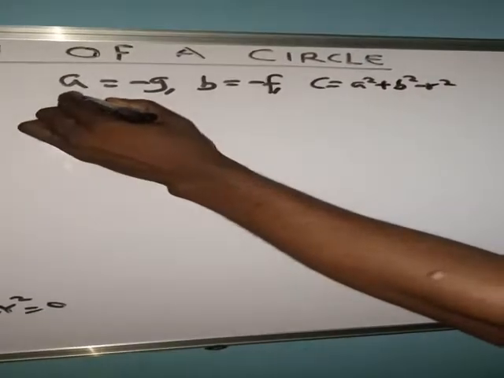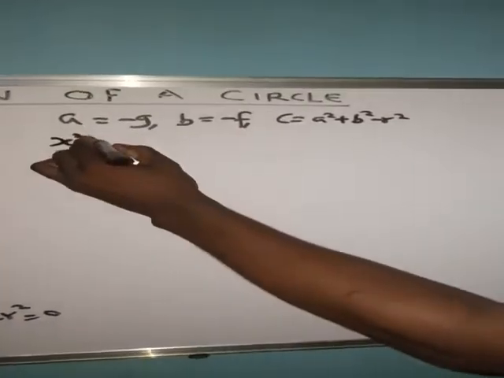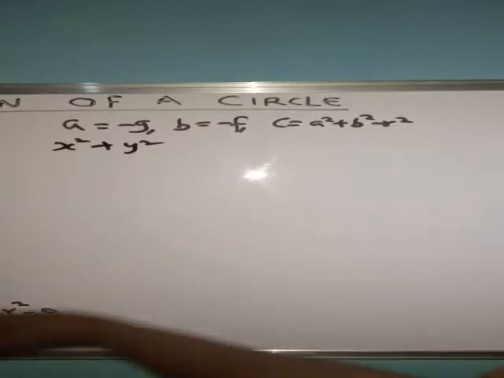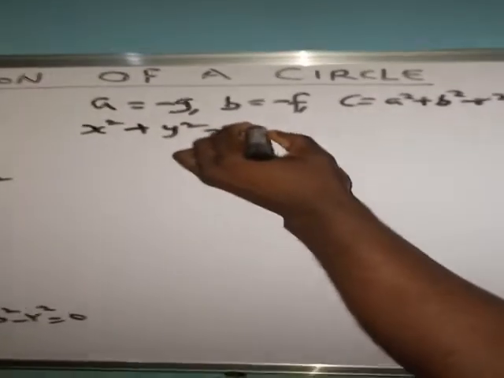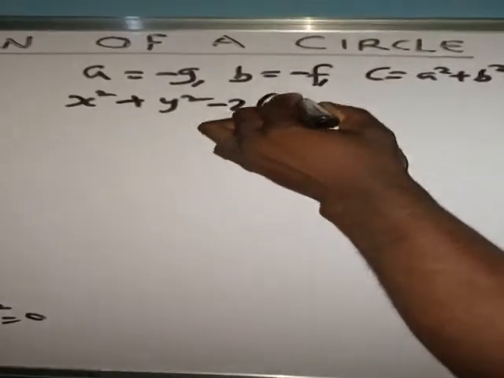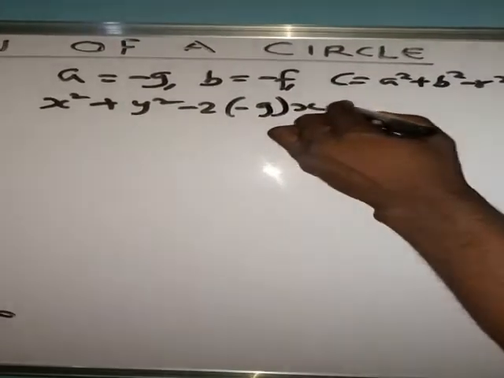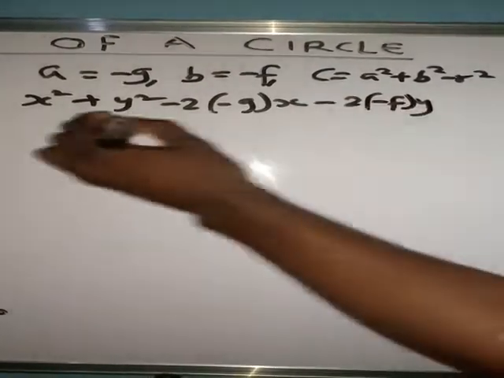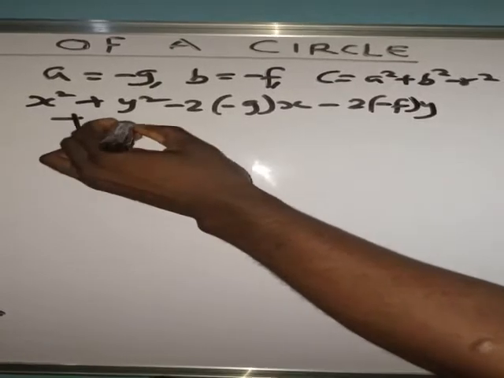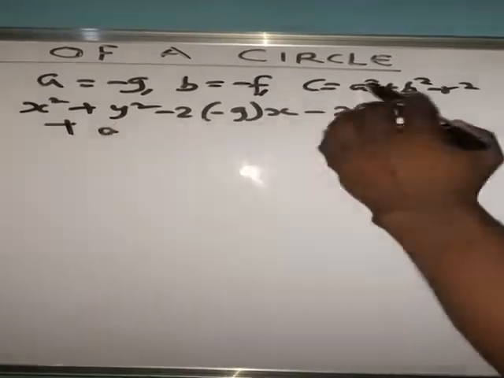Now when you substitute this into the equation, you have x² + y², minus 2 times a, which is minus g, so minus 2 times minus g times x, minus 2 times b, which is minus f, times y, plus a² + b² - r², which will give you c.